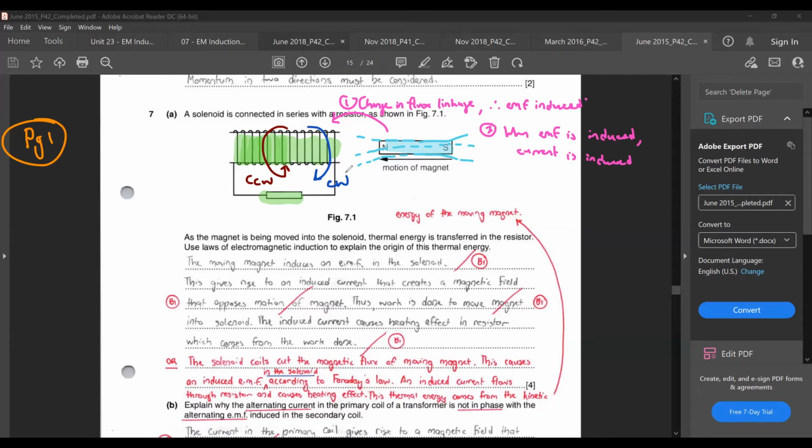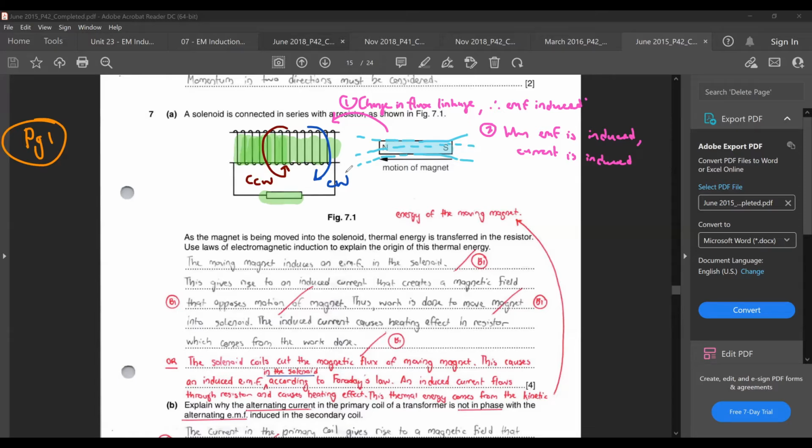So which one is actually the correct one? This one has to be related to Lenz's law. We did this in the last lesson. We mentioned that the induced current will always flow in such a way to prevent the flux change that caused the current in the first place, right?